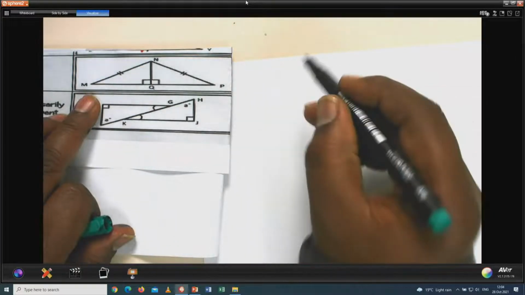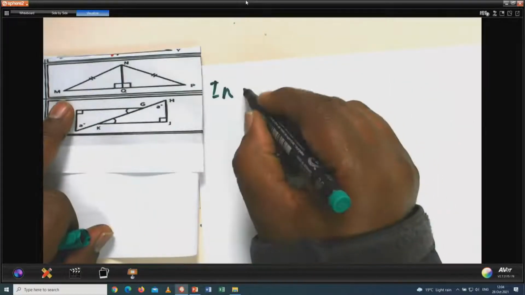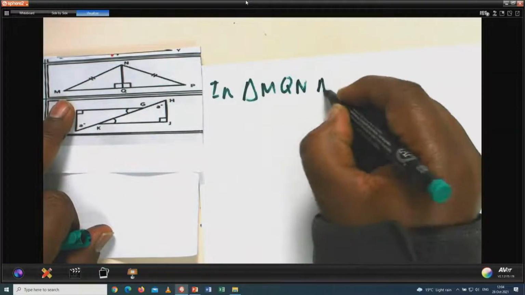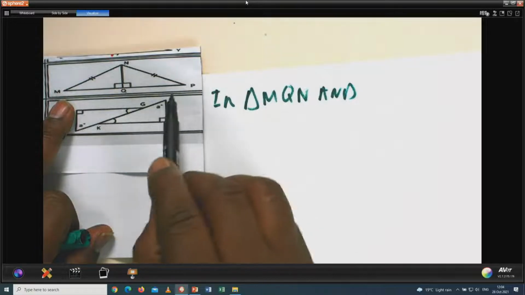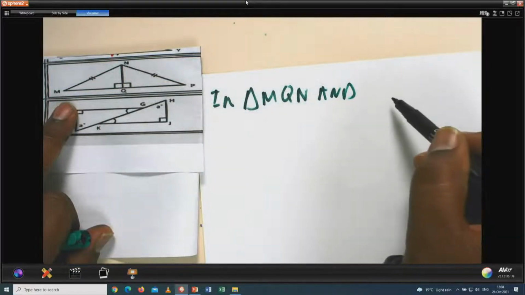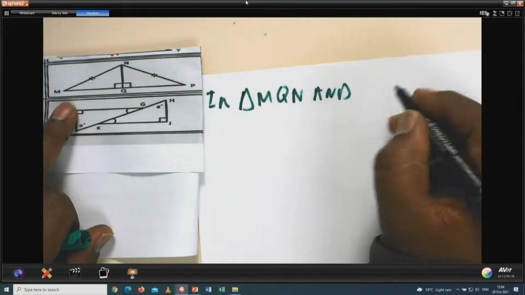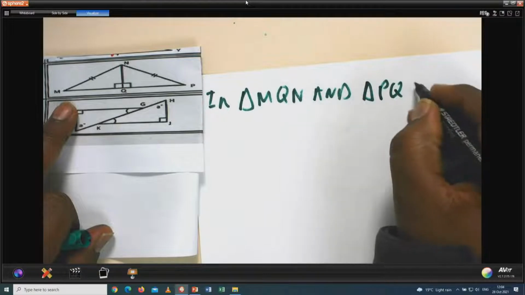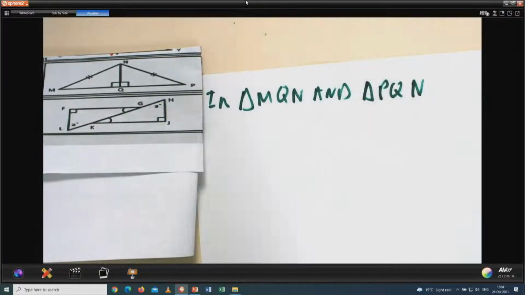In triangle MQN, and triangle, always try to make them corresponding. Q and Q, the base angle with the base angle. Therefore, triangle PQN. Always try to make them corresponding.